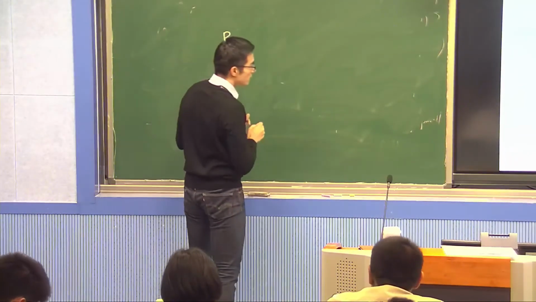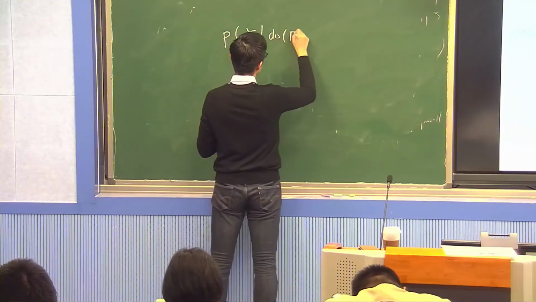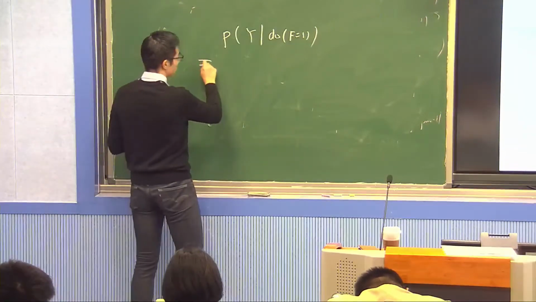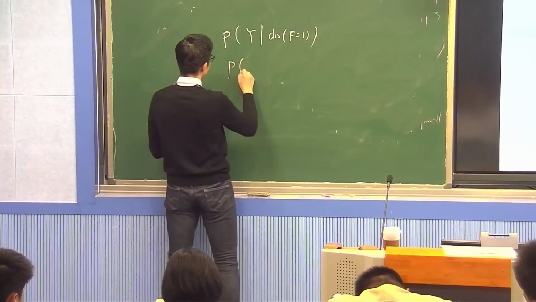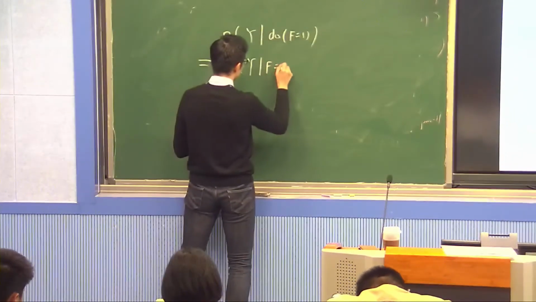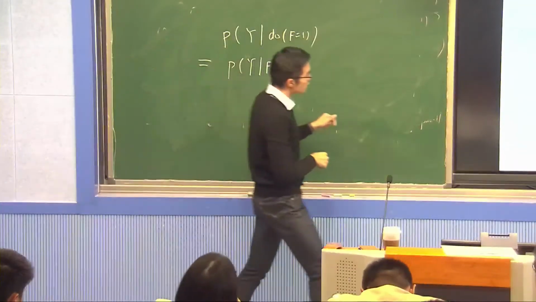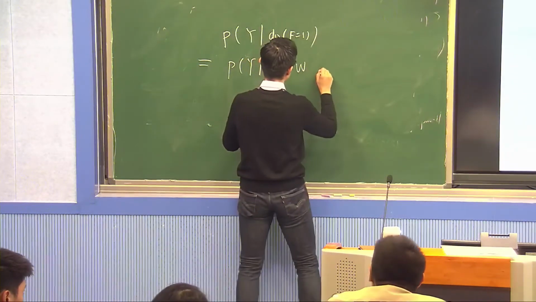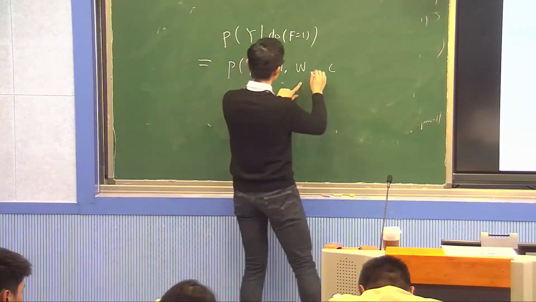So the probability of yield conditioning on do F equal to 1, use fumigation on the crop, will be, according to this graph, remember the formula: the probability of y conditional on F equal to 1, but then I need to control for all the parents. The parents of F are W and C. Let's condition on them, so for example W equal to small w, C equal to small c.